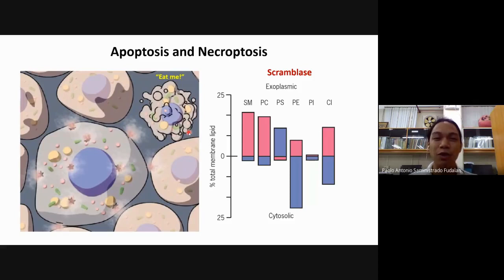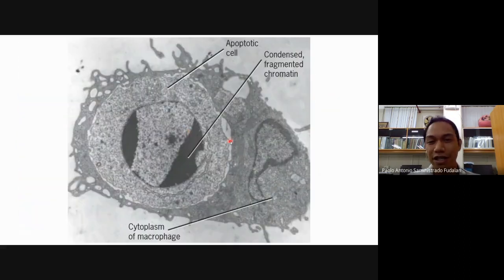So that's what apoptosis is. It's planned, it's clean, and it's orderly. Once the cell dies, it's as if nothing happened. It's natural also. So here's a picture of a white blood cell, a macrophage, that is already engulfing a dying cell, shown here inside the macrophage.